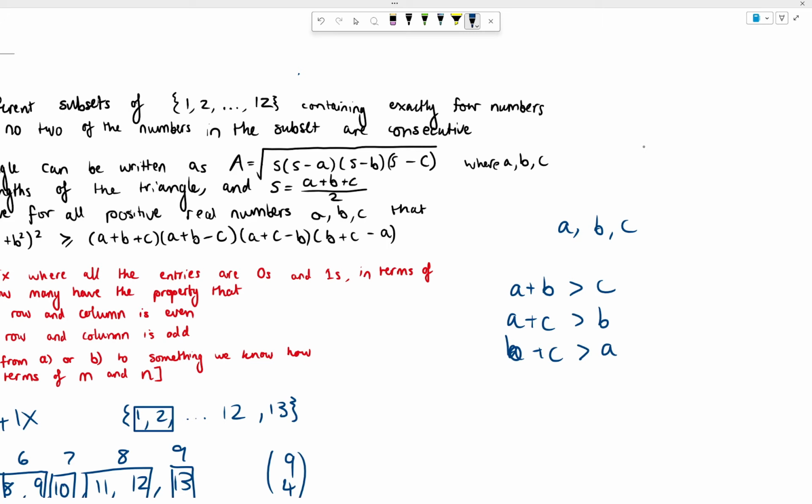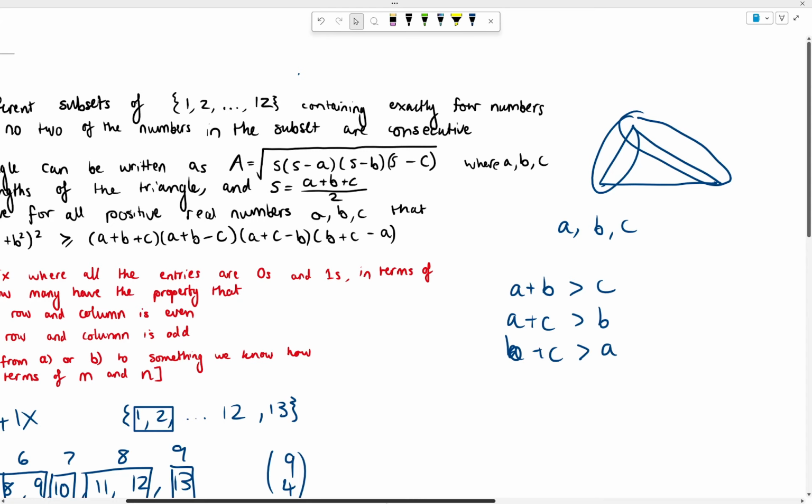The reason is, if I draw a triangle here, the length of this side plus the length of this side must be greater than the length of the third side, otherwise they wouldn't be able to form a triangle.